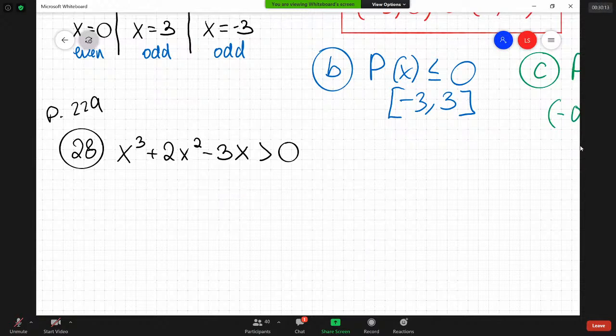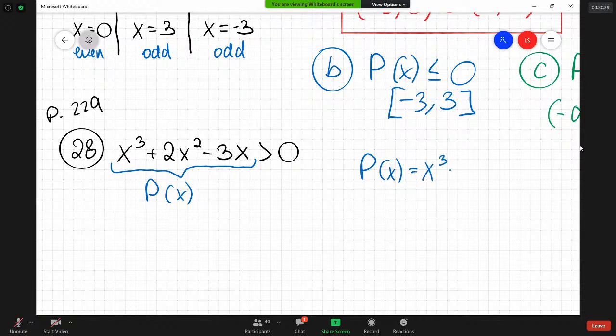All right, following those same steps, we will start by moving everything to get 0, but that's already done. So again, I will outline that this is our p of x, our polynomial function. And we have to find x-intercepts by setting the function equal to 0.